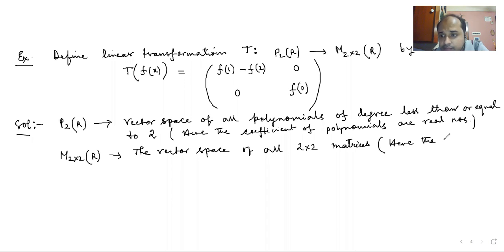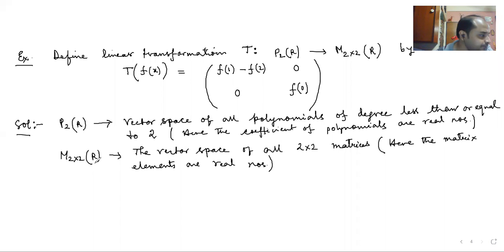Here the matrix elements are real numbers. So these are the vector spaces they are talking about. This is a polynomial and this is a 2 by 2 matrix.